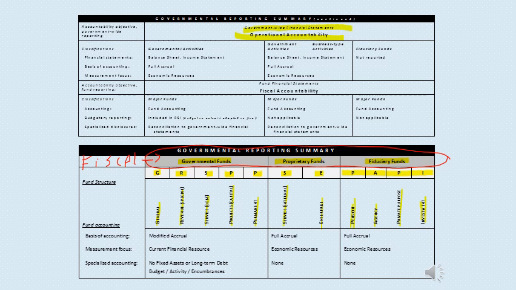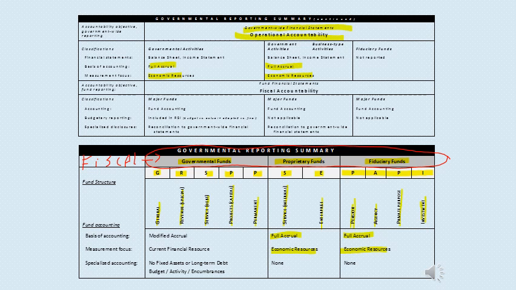And remember that when we're up here, we are using full accrual accounting, economic resources measurement focus, and that's both for our balance sheet and our income statement, although we call it statement of net position and our statement of activities. We're using full accrual accounting, economic resources measurement focus, which is the same type of accounting that is used for our proprietary funds.